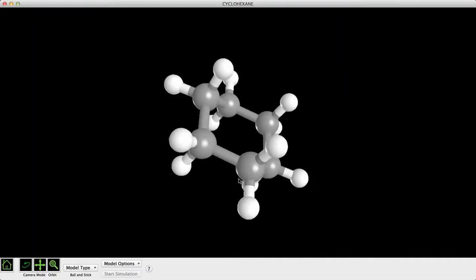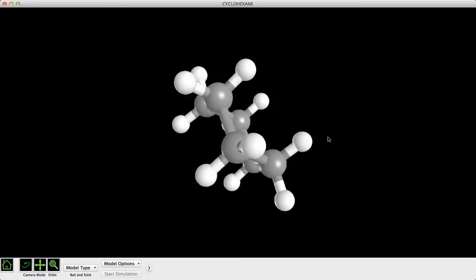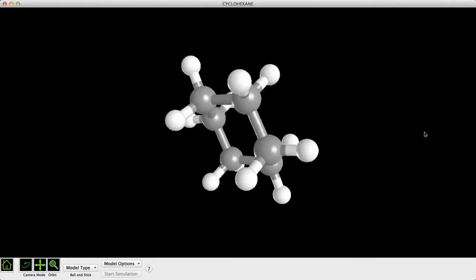C2-C3 and C6-C5 bonds simultaneously. To do so, I'll need to rotate the molecule.